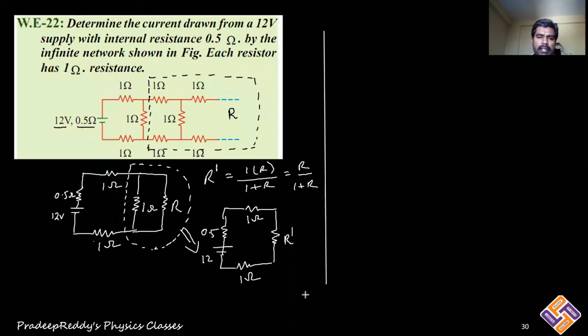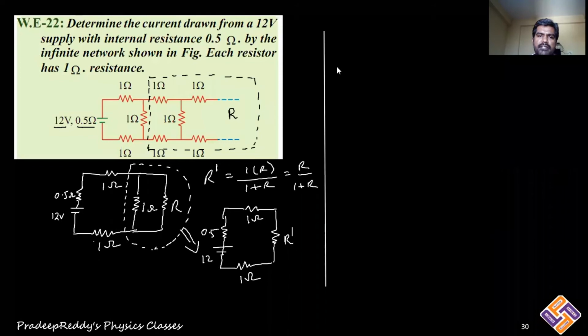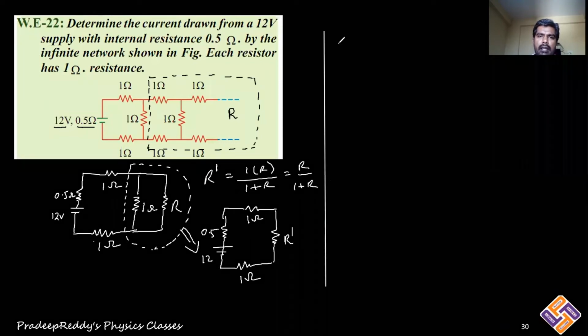So simply use the series formula, that is R double dash is equal to 0.5 plus 1 plus R dash plus 1 ohm.